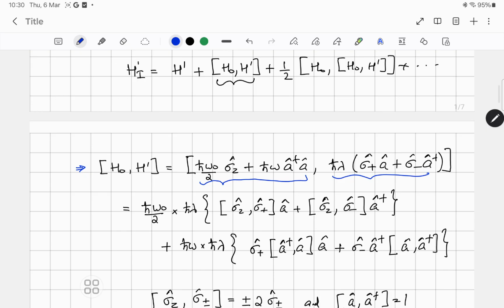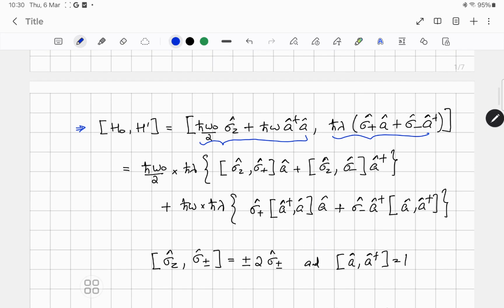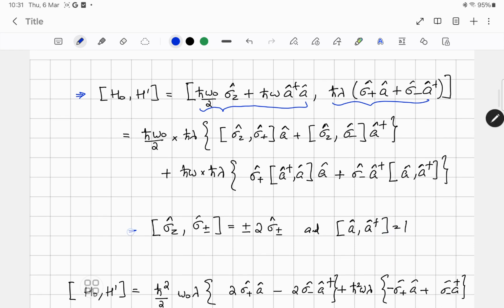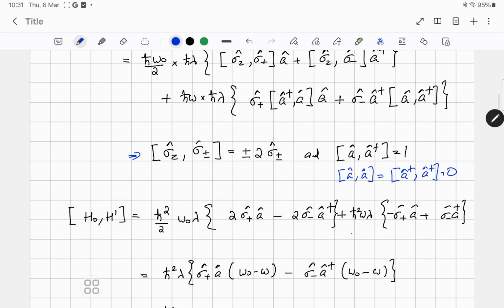There will be four commutators here, and they can be split using the normal commutation rules. You can do this part yourself and use these results: the commutator between σz and σ+ or σ− is ±2σ±, the commutator between a and a† is 1, and the commutators between a and a, as well as a† and a†, are 0. Using all these results, it is possible to calculate [H0,H′].